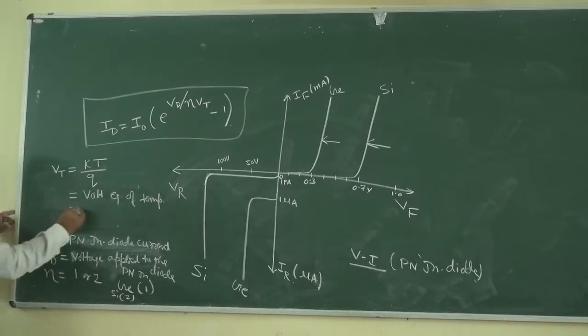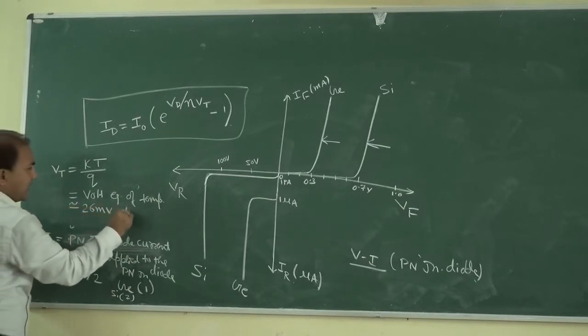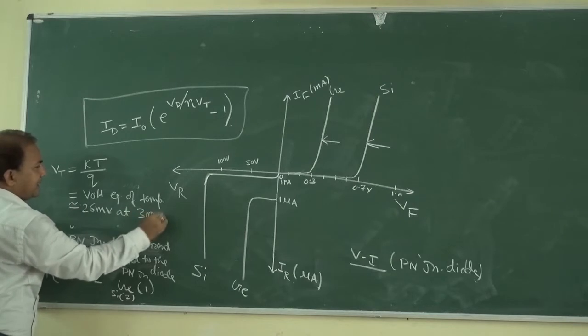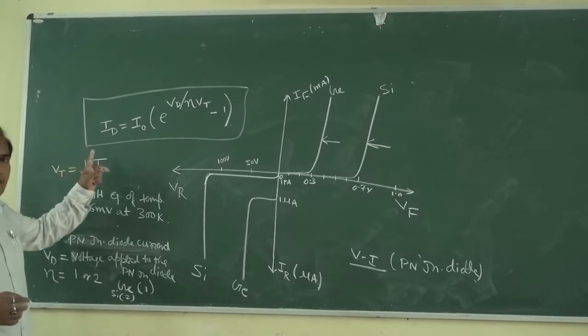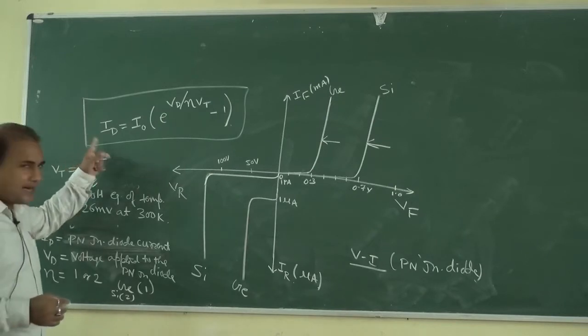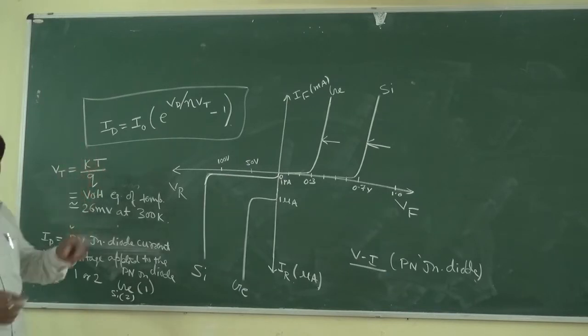So Vt is approximately 26 millivolt at 300 K, that is, at room temperature. This is the volt equivalent of temperature. So this is the equation of diode current in forward and reverse bias condition.